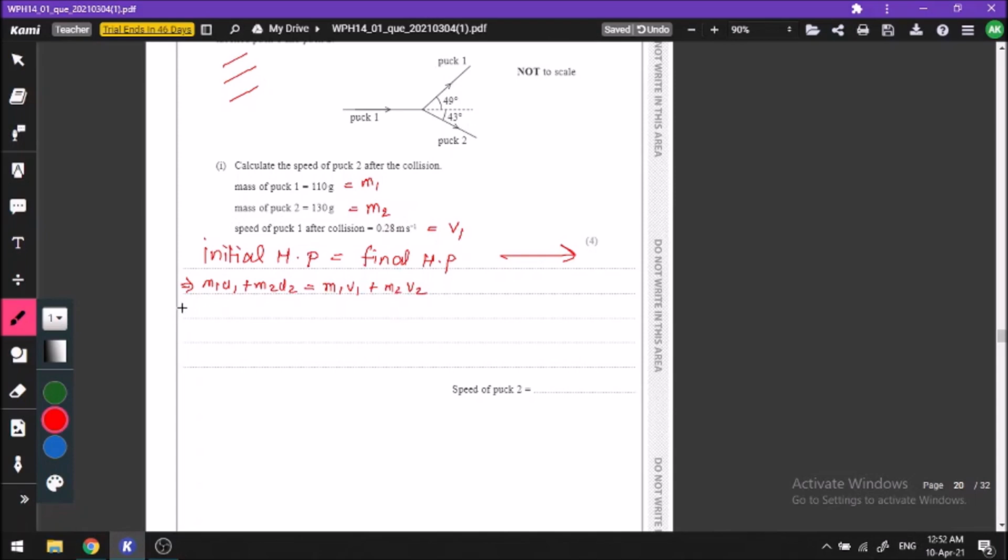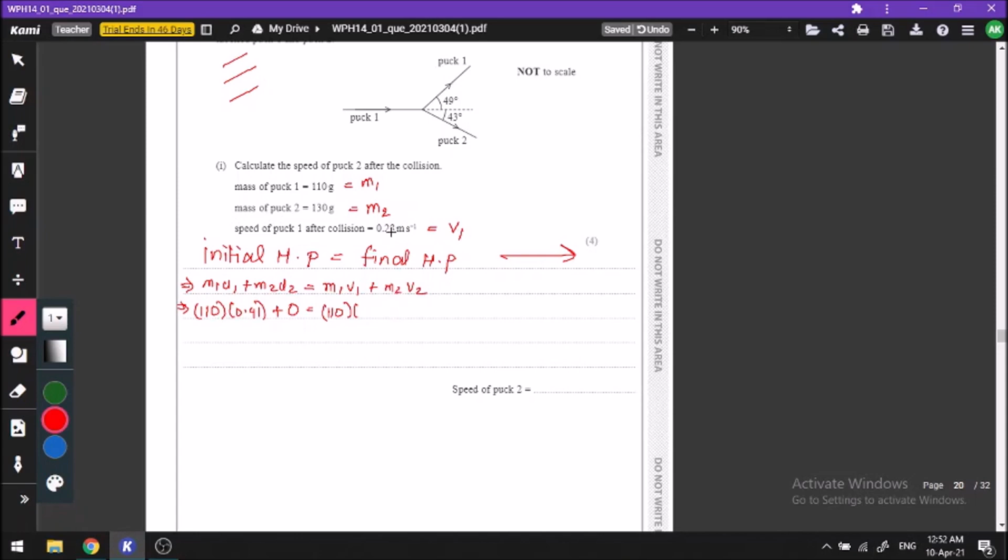So m1, the mass of puck 1, is 110. Its initial velocity was 0.41. Initially, puck 2 was at rest, so u2 is 0, so m2 u2 is also 0. After collision, the mass of puck 1 is 110, and the velocity of puck 1 after the collision was 0.28 meter per second.